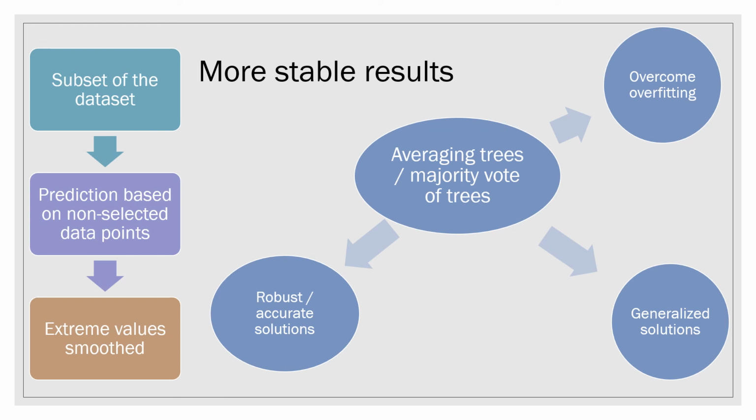And we can also circumvent the problems related to overfitting when we average or take a majority vote of all the decision trees we collected.